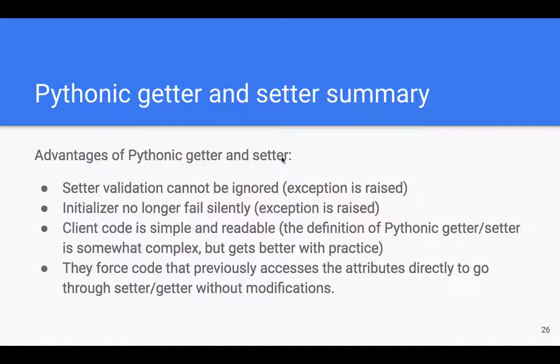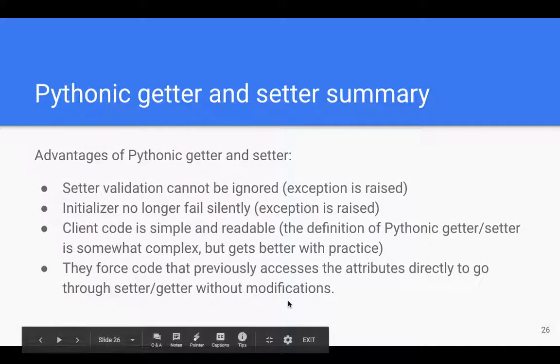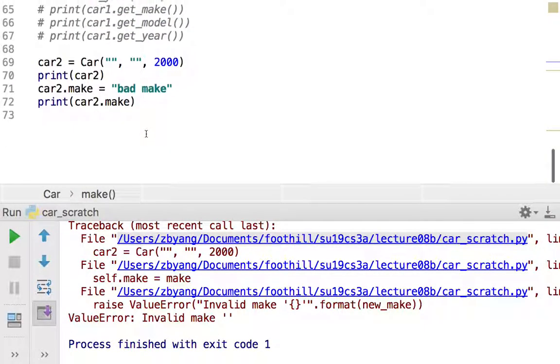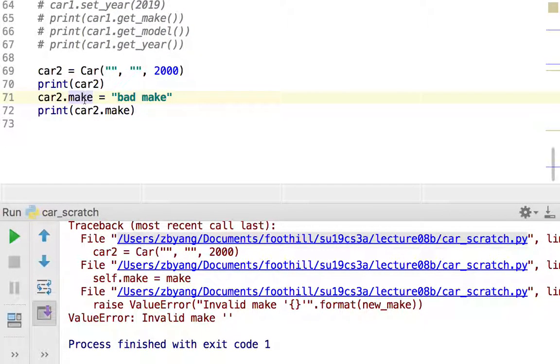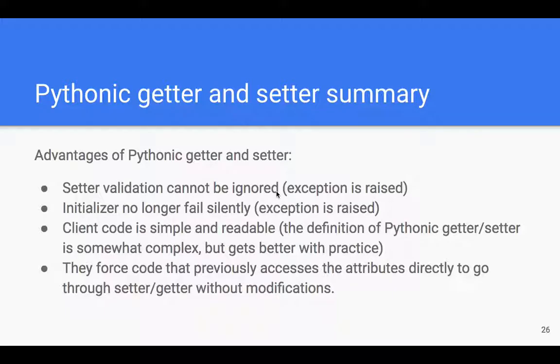But after you do it a few times, they are not that bad. And then finally, if there was code that previously accessed the attributes directly, now they no longer do that. They'll go through the setters and getters, but they don't need to be changed, right? So this is all of the good things about the Pythonic getters and the setters.